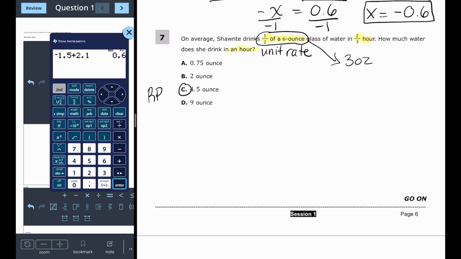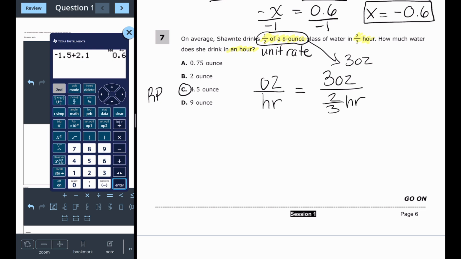Okay, so I want ounces per hour. I'm going to make a ratio. Actually, I don't even need to make a ratio table for this. I'm just going to write the ratio. So she drinks 3 ounces in 2/3 hours.